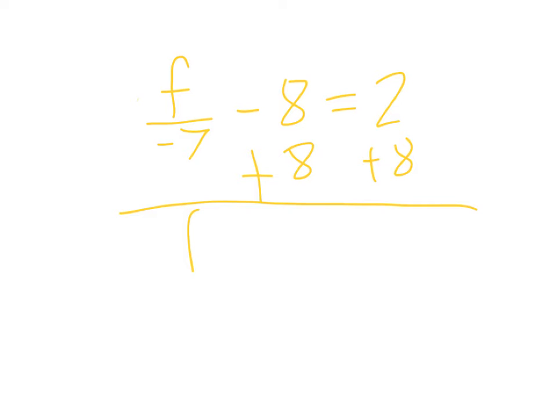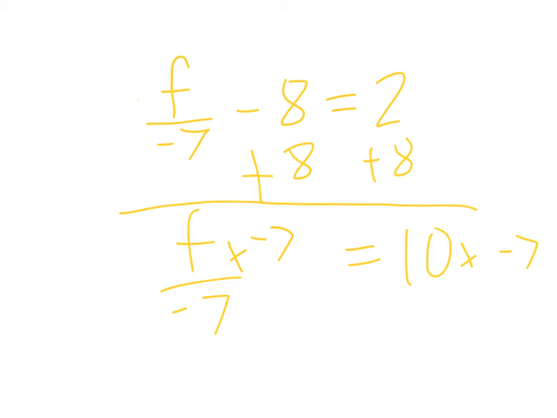So I get f over -7. This much right here is 0 equals 10. The opposite of dividing f by -7 is to multiply by -7.